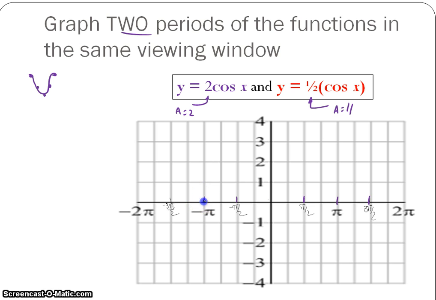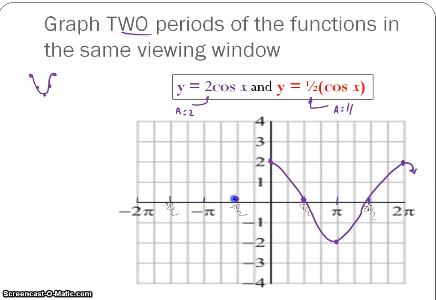As long as we don't have a change in period, these are going to be the key values on the x-axis. So it starts at its max, which is at 2. It's going to go down to the middle, then the min, back to the middle, then to the max. So this is 1 period of my first function for cosine. Now I want to make sure I see this as a max with the arrow going down again.